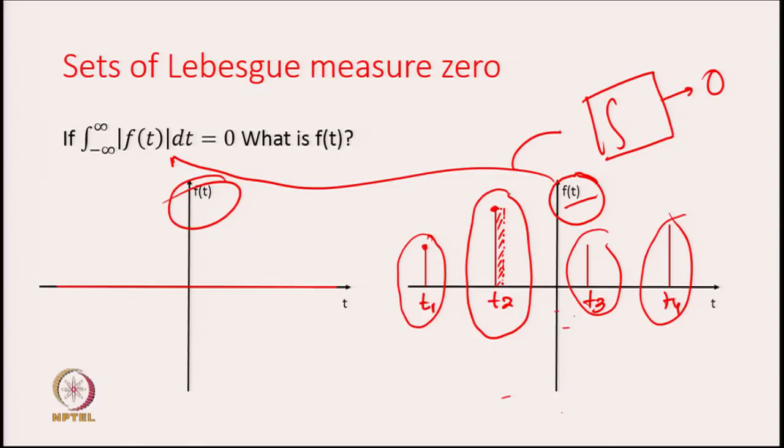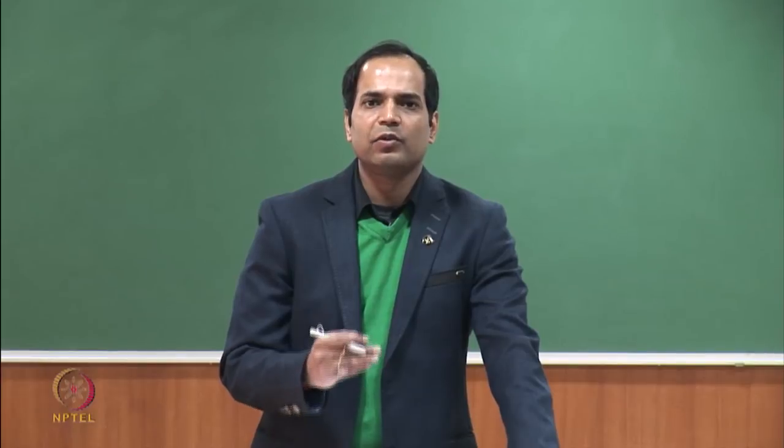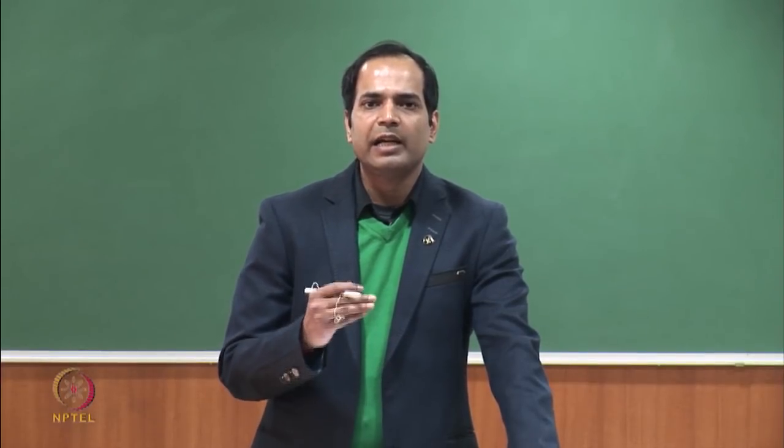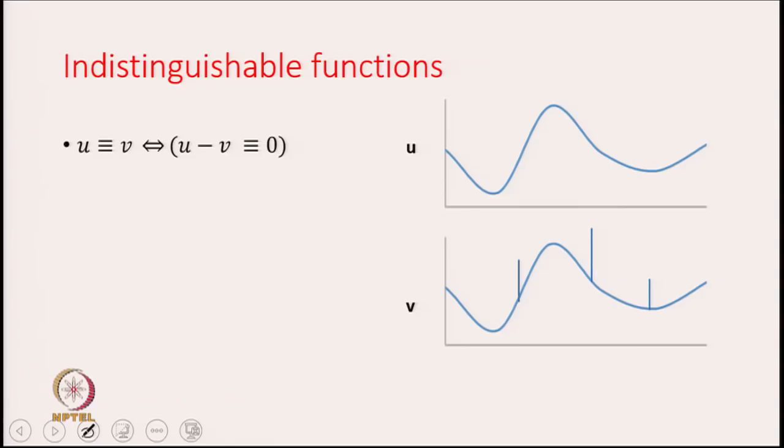Okay. So, for indistinguishable functions we have to take two functions, subtract them and see whether we are getting a function which is like an all 0 function, because if this is the case, then you can say that the two functions are indistinguishable. For example, I have taken these two functions, u and v, and let us subtract them.